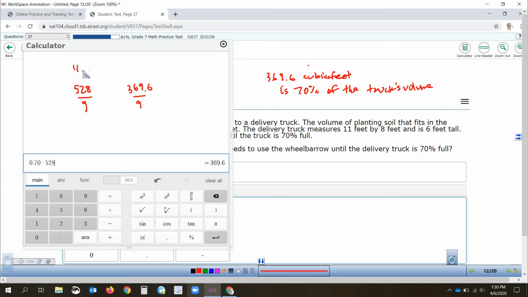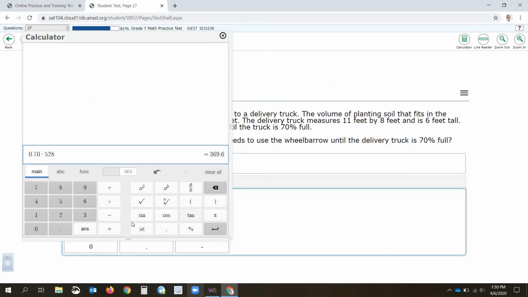The first was for 100%; this is going to be for 70%. So we're almost done. We take that answer and divide it by 9, and I get 41.0666667. All right, or about 41, right?